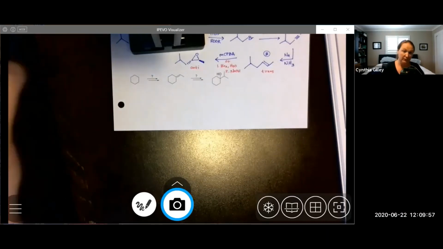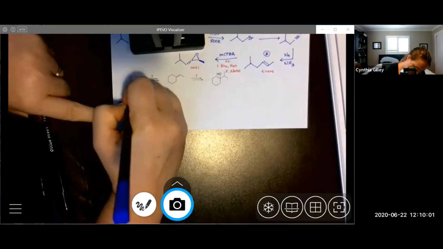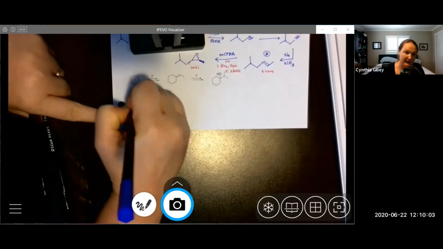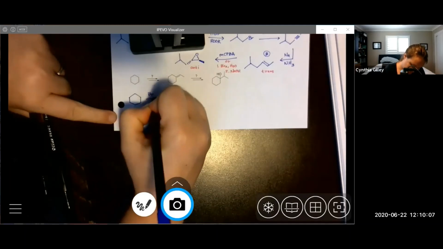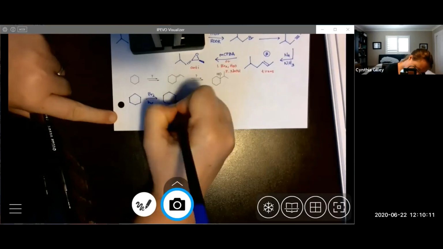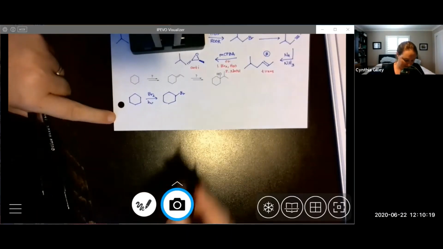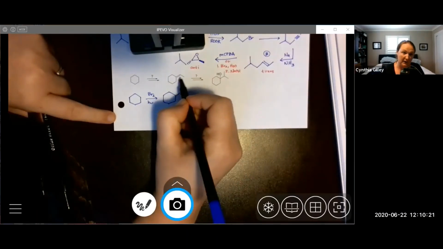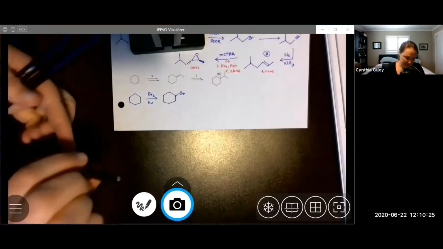So we have, again, starting with an alkane, cyclohexane, we only have one choice. We have to do radical halogenation. We're going to end up with a bromine. And then we need to think about how we can make this carbon-carbon bond, because we are clearly adding two carbons.